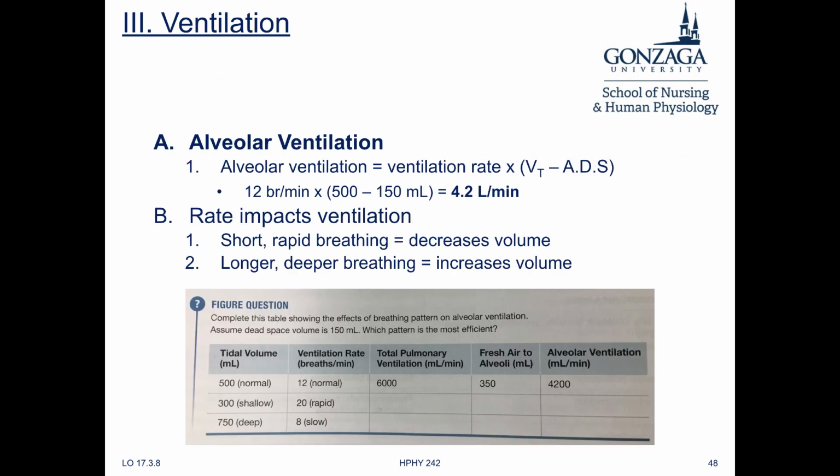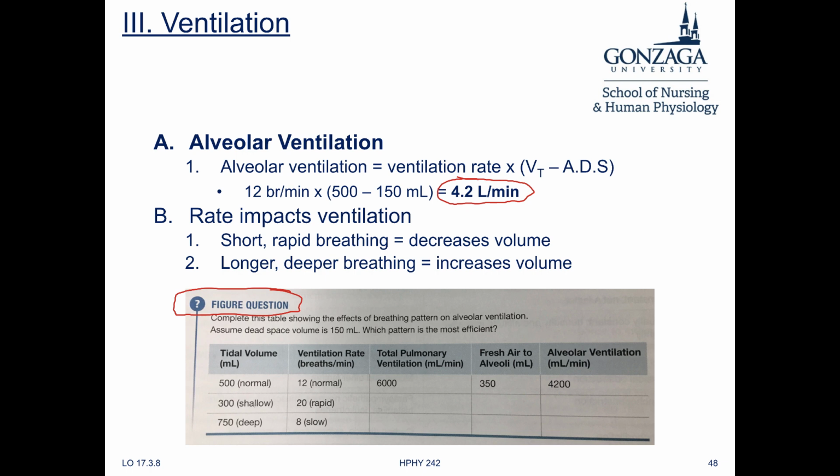So that's what this slide is showing you, how to calculate alveolar ventilation, literally how much air we are exchanging in 1 minute. Notice this number is much lower than your total pulmonary ventilation, so less air is reaching the alveoli.